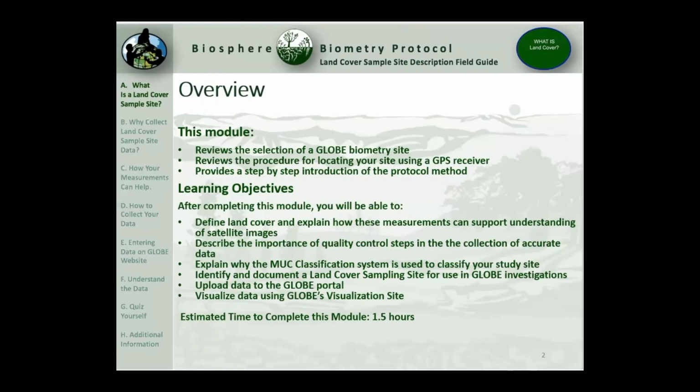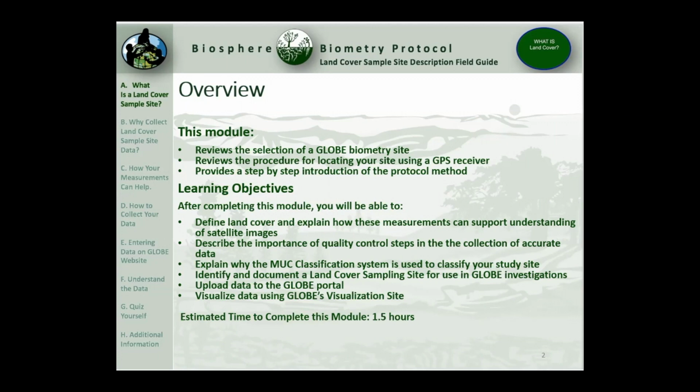So within the module, you can see on the left-hand side, there are many little elements and parts to the module. And so what you do is obviously start at A and work your way through. But by the end of working through this particular module, you're going to be able to define land cover and how these measurements relate to the satellite images.